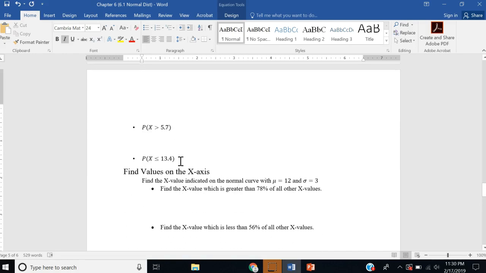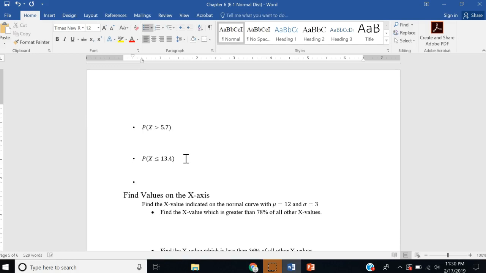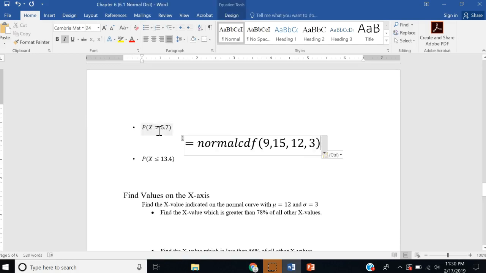Again, this is all just trying to remember how to do this. If we go x greater than 5.7, remember what that did. That gave us a lower bound of 5.7 and an upper bound of some really big number. Actually, it's positive infinity, so let me type that in here.